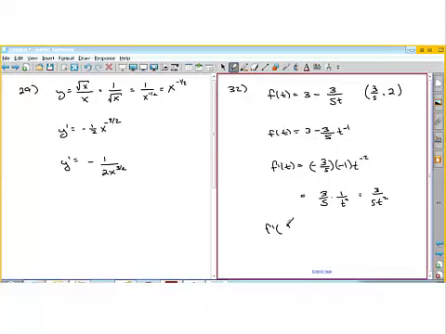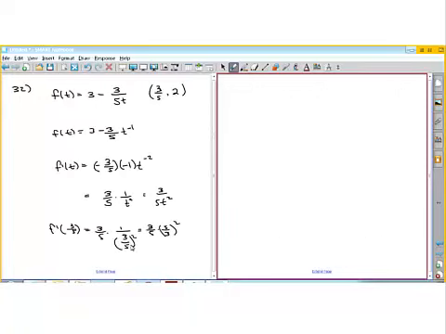So now we want the value of the derivative at x equals 3/5. So we'll have 3/5 times 1 over 3/5 squared, which is the same as 5/3 squared.